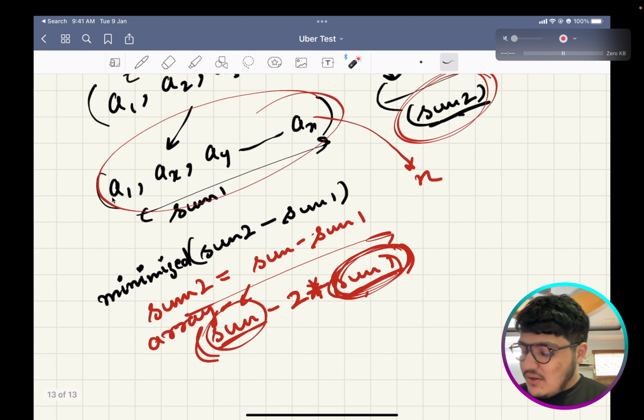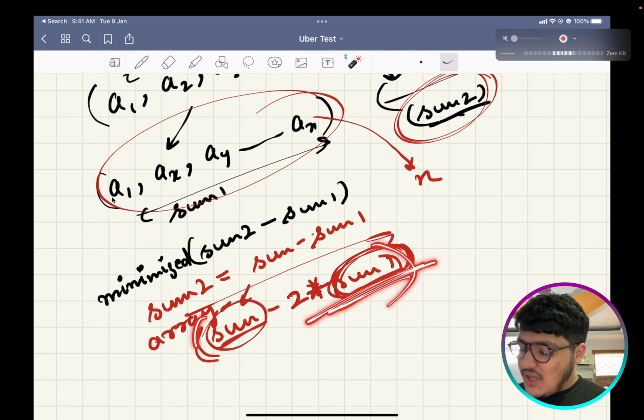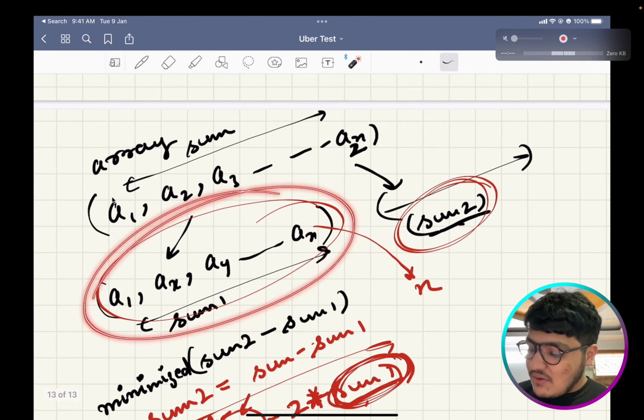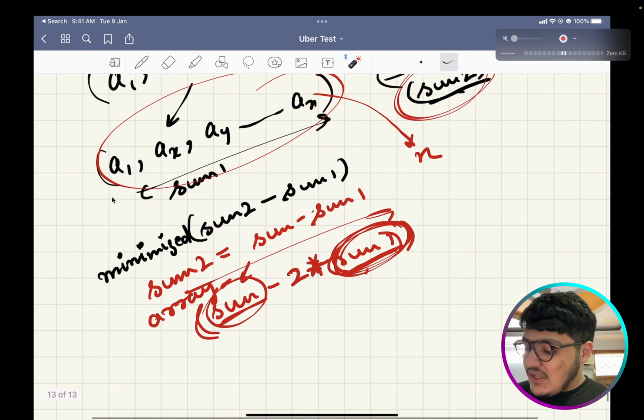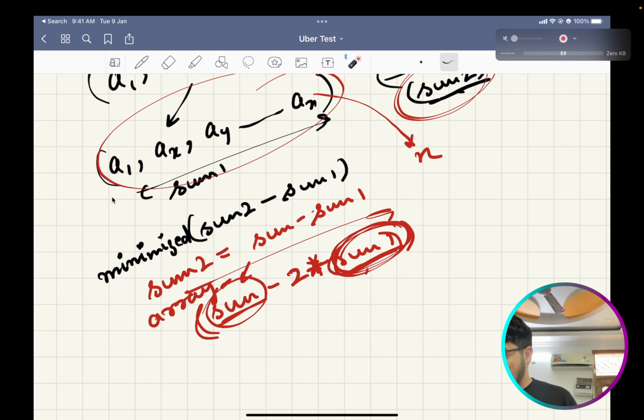So the total array sum minus 2 times sum 1 is what I have to minimize. If I could generate all these sum 1 values and check for which this value is the minimum, then I would easily get my result.